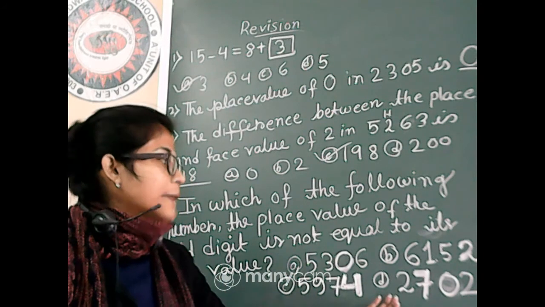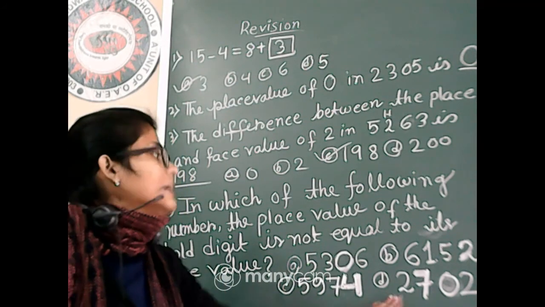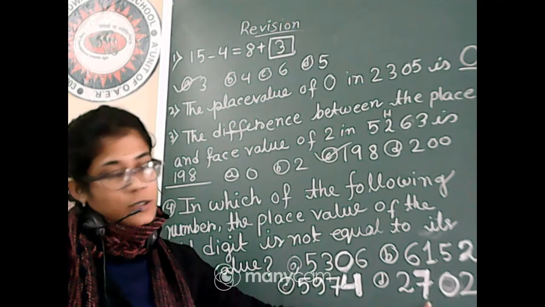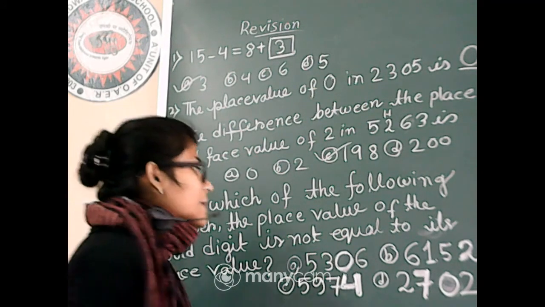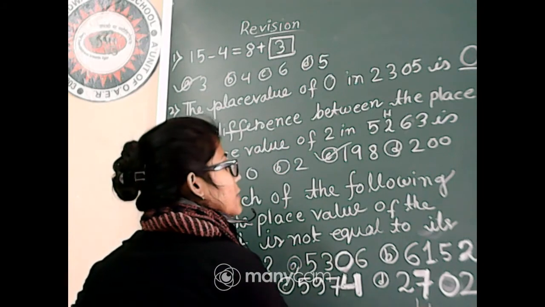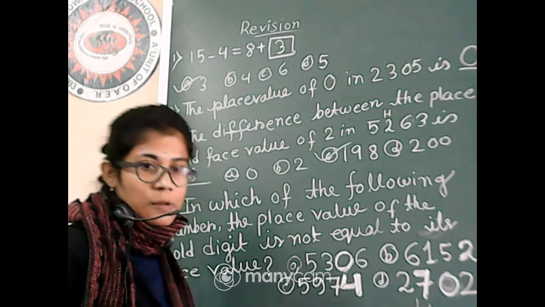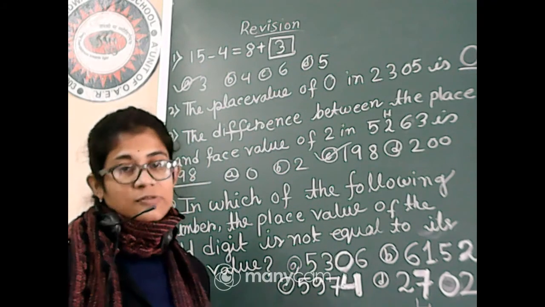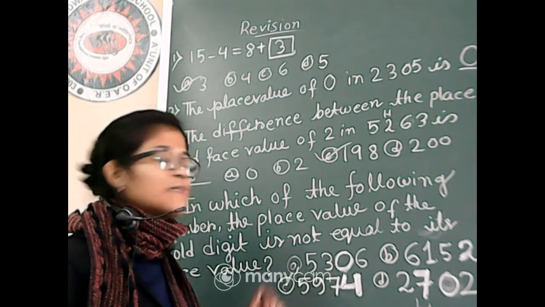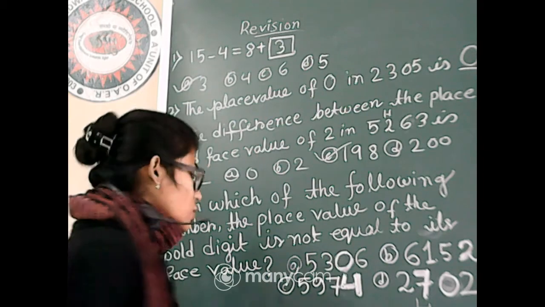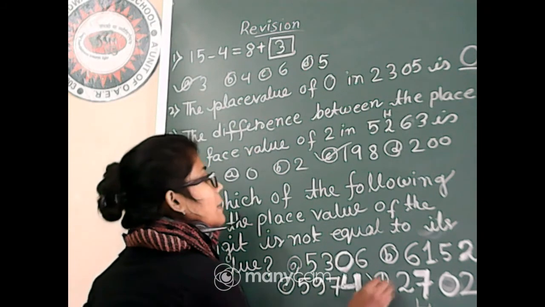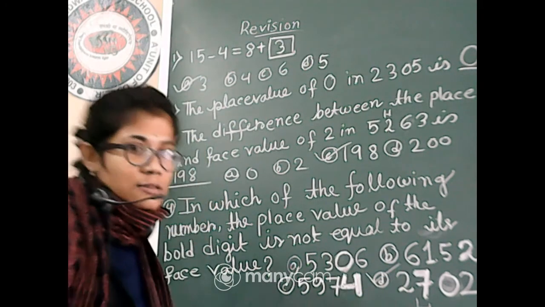Now number D. In number D, 7 is the bold digit. Now see, 7's position is 100. 7 is in the 100 place. So 7's place value is 700 and face value is only 7. So it becomes not equal. So for that, number D will be the answer.